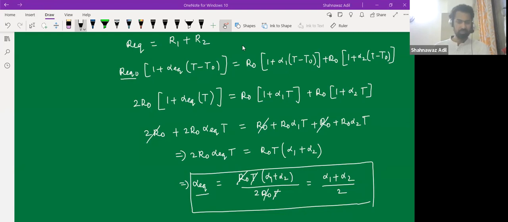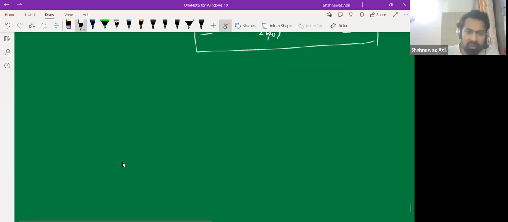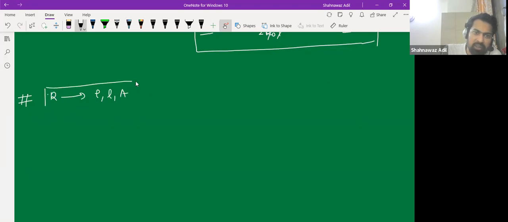Yes, sir. Good. So now we know how this resistance is related to resistivity and length of the wire, so now let us do some questions based on this. We know that R is rho L by A, right?